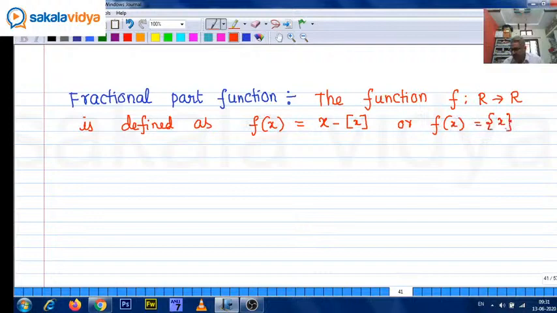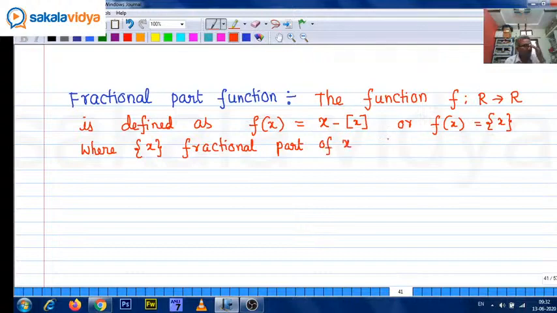This is the symbol for the fractional part of x, where this bracket is called the fractional part of x. Fractional part of x is called the fractional part function.